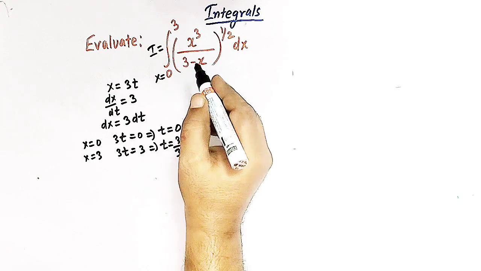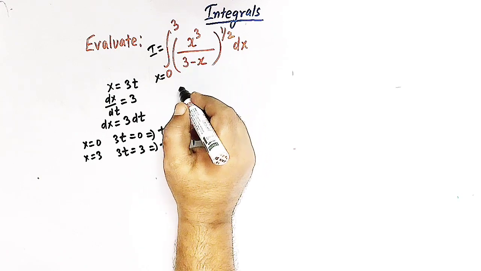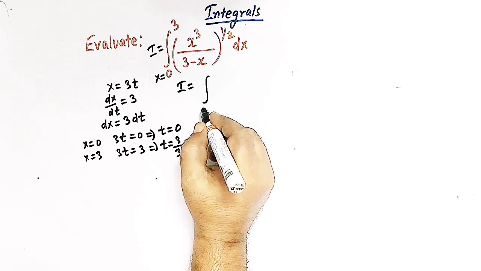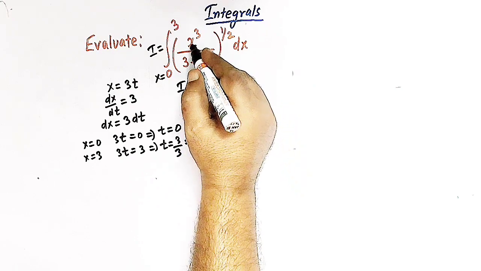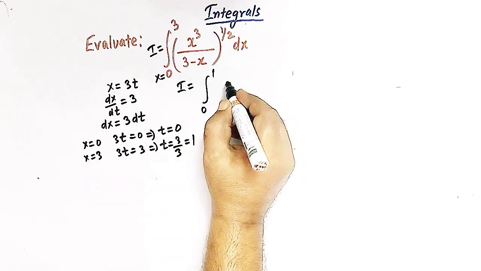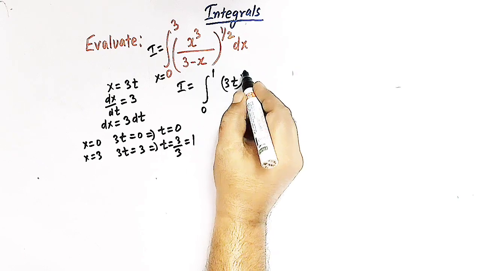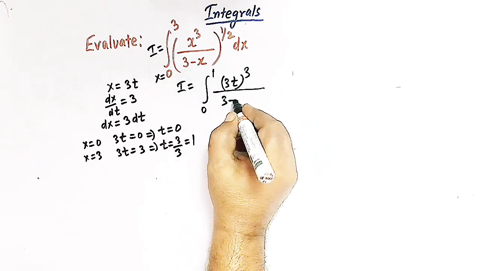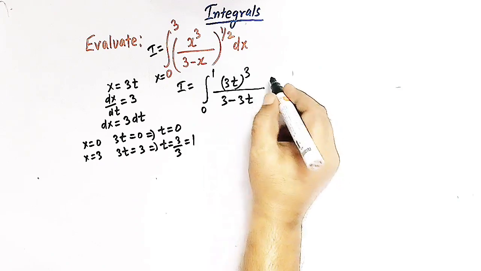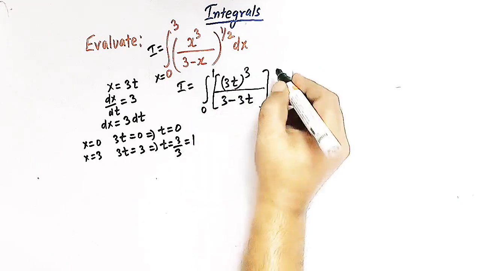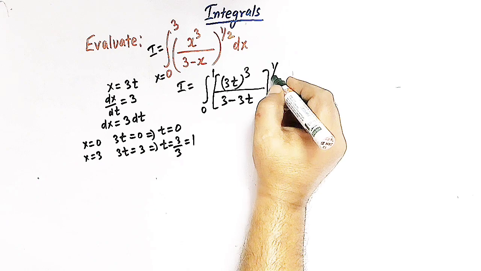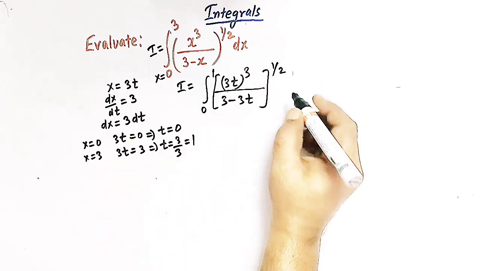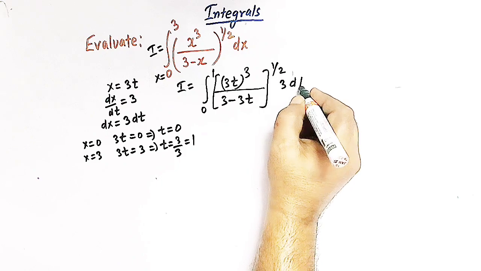So let us now express this integral I in terms of t. So here we have 0 to 1, and x cube is equal to 3t cube, and in the denominator we have 3 minus 3t, and here we have the exponent, that is 1 over 2, and dx is equal to 3 dt.